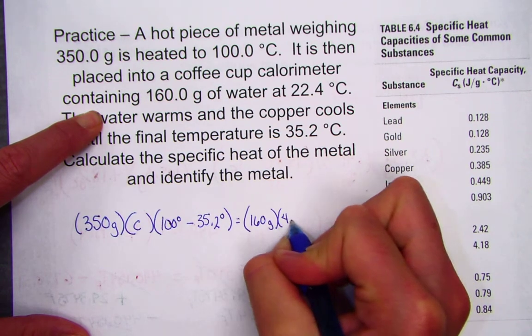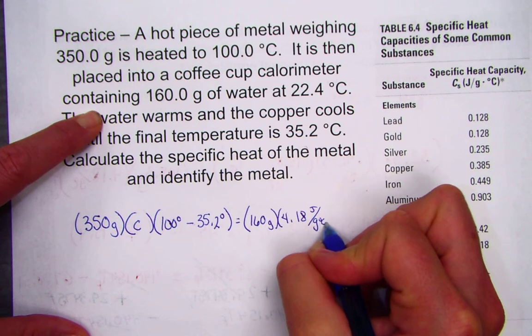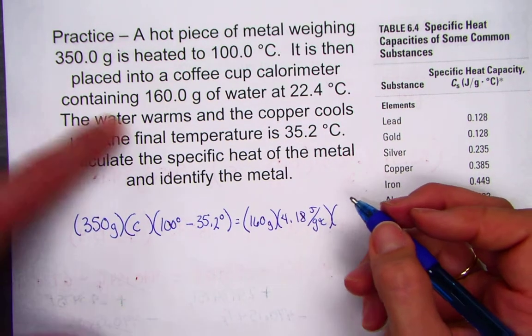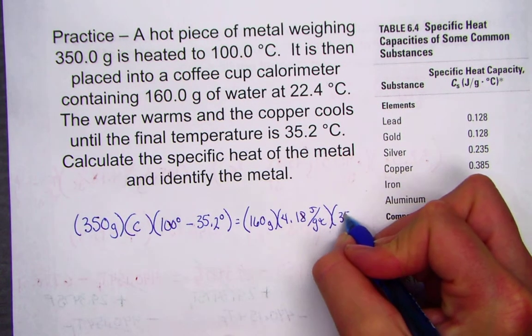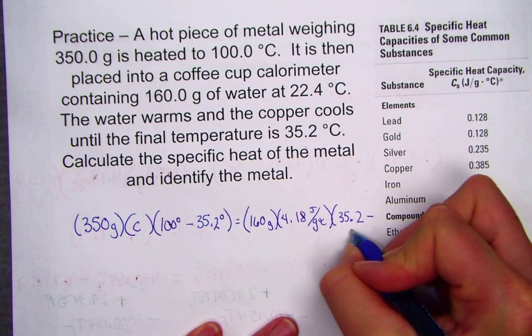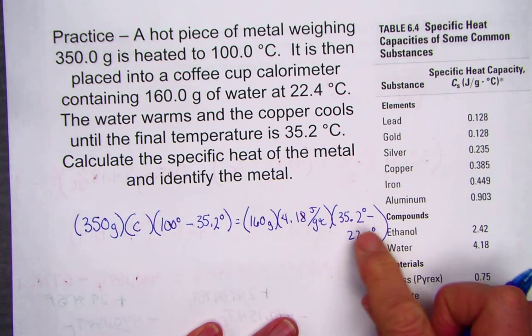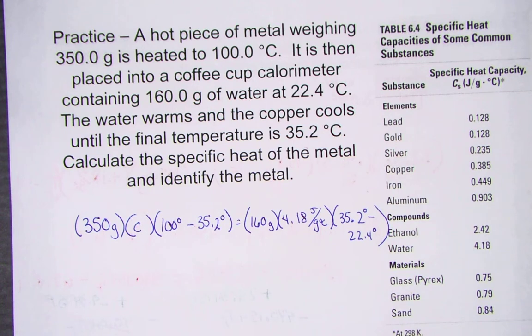The heat constant for water is 4.18 joules per gram degree Celsius. The change in temperature for water would be represented by 35.2 minus 22.4 degrees Celsius. Final minus initial.